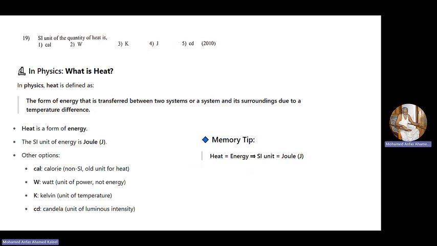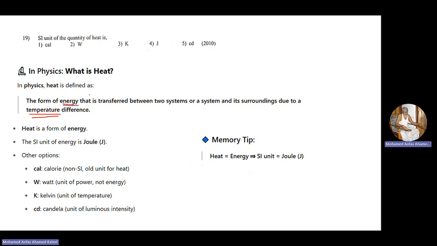In physics, heat is defined as the form of energy that is transferred between two systems, or a system and its surrounding, due to a temperature difference.